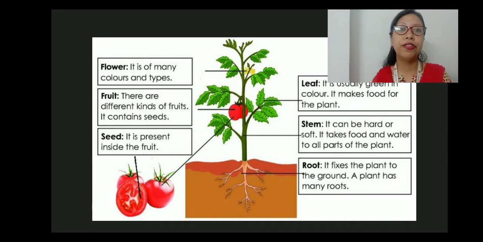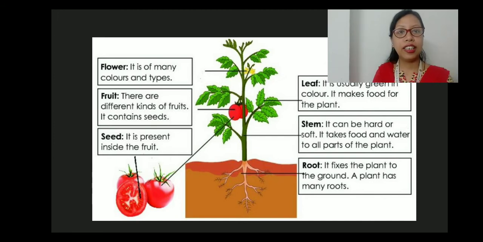Then we have fruit. There are different kinds of fruits, and every fruit contains seeds. Whenever you see a fruit, you will find that there are seeds inside the fruit. Some seeds might be very small and some might be big, like the mango seed.